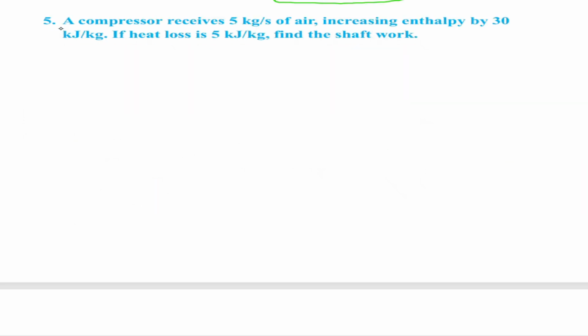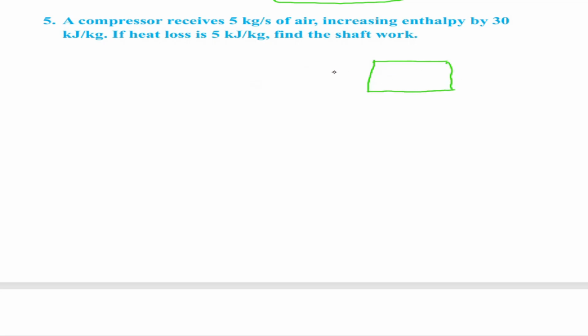Here a compressor receives 5 kg per second of air, increasing enthalpy by 30 kilojoule per kg. If heat loss is 5 kilojoule per kg, find the shaft work. This is an example of an open system.